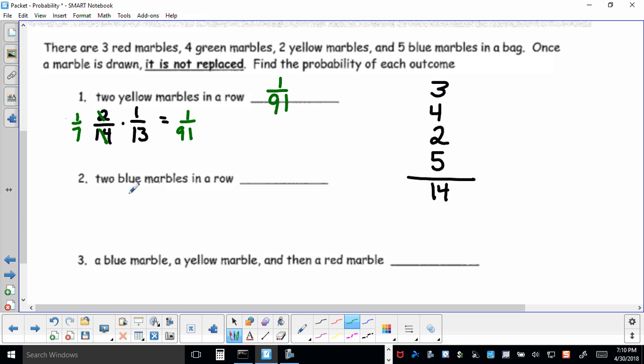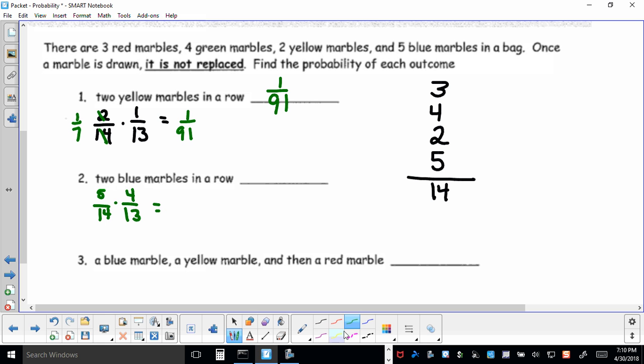Now let's look at what happens with my probability of drawing 2 blue marbles in a row. Well, I start with 14 in the bag. And how many blue marbles do I have? I have 5 blue marbles. Then I draw again. I've drawn 1, and I got a blue marble, so that leaves me 13 marbles in the bag and 4 blue.